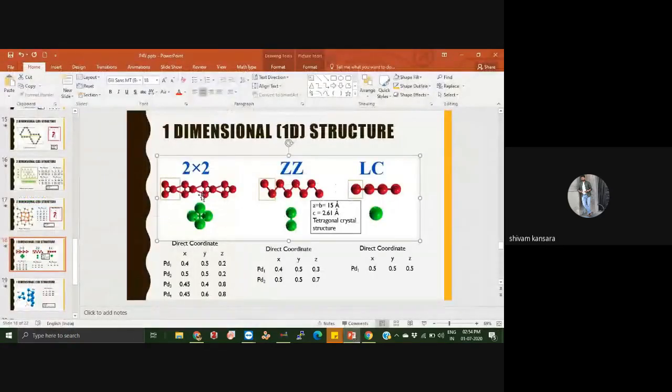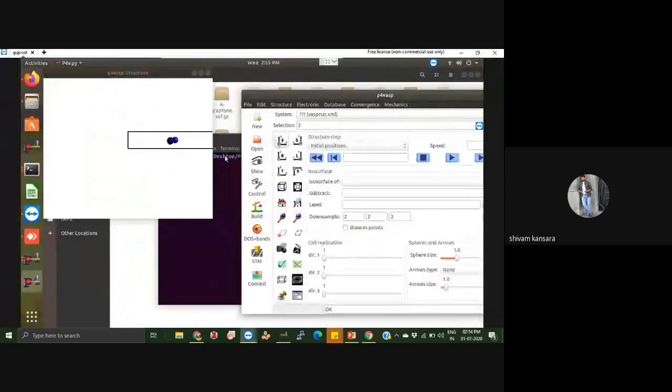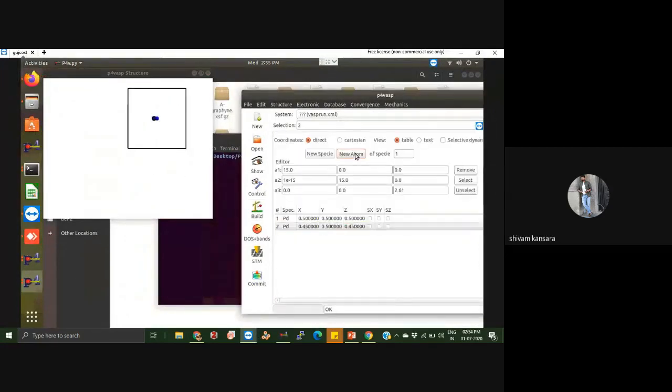Now 2 cross 2, we can take 4 atoms. The atomic position is 0.4, 0.5, 0.2. So like in the front view, these are 2 atoms. Now again take another 2 atoms, at 0.4 and 0.5 and 0.4.